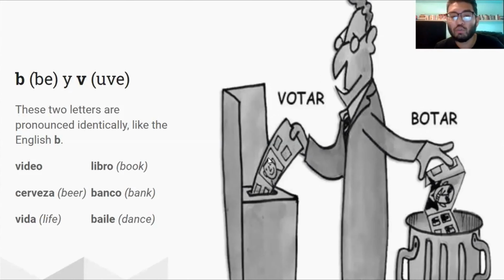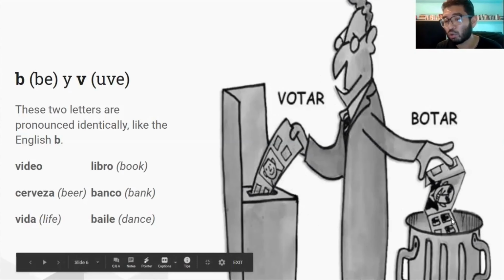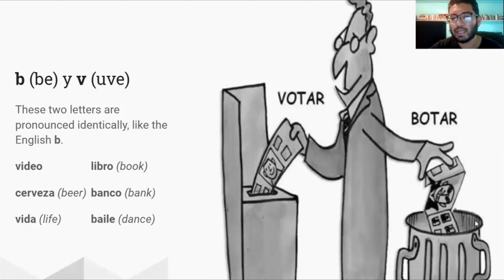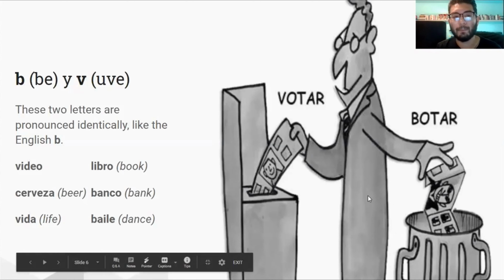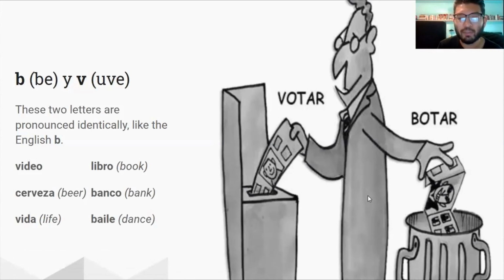No, votar, to vote, as in going to a ballot and voting, and then botar, to throw away, as in throwing away trash. So I think this is an interesting image that speaks or underlines the similar or identical pronunciation between the two letters B and V.